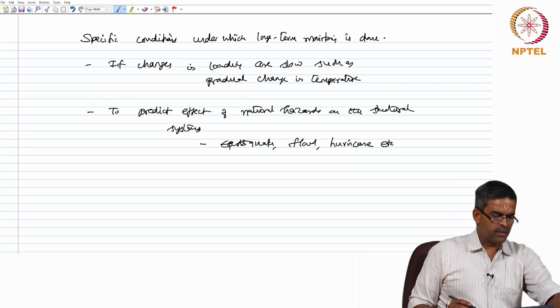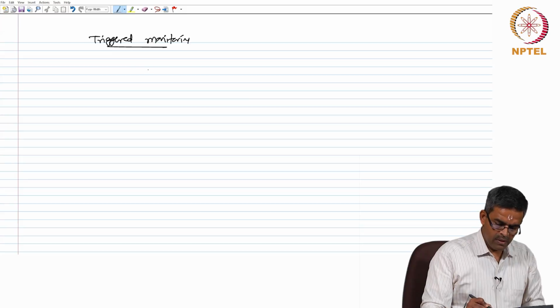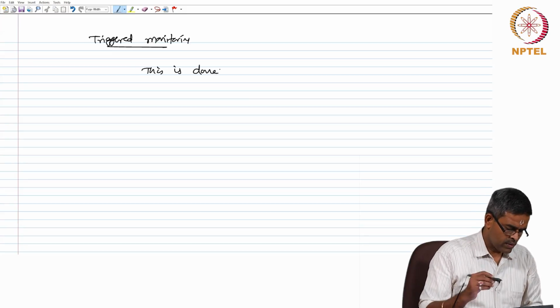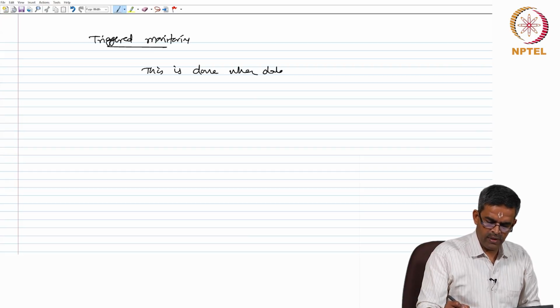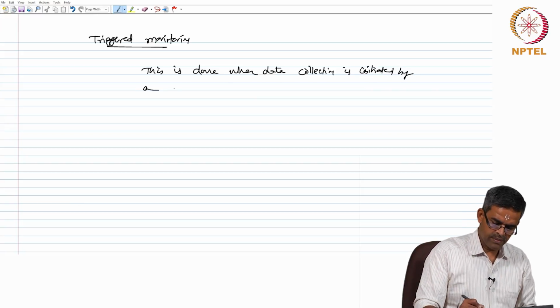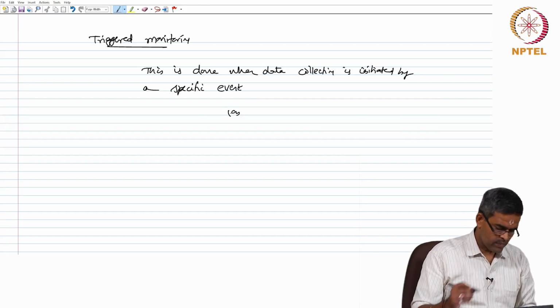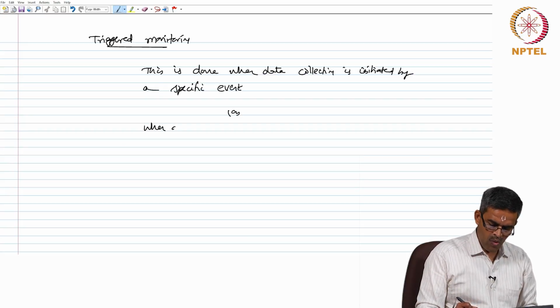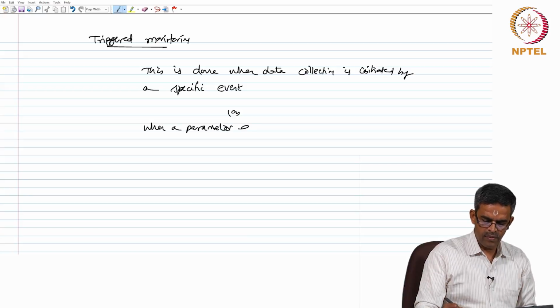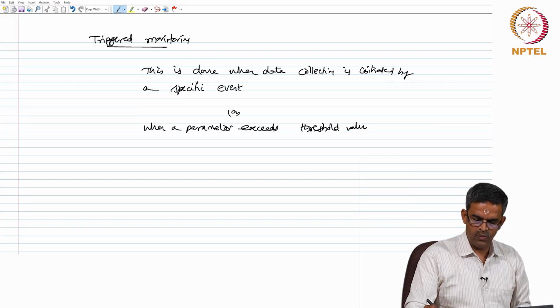The third could be a triggered monitoring. This is done when the data collecting is initiated by a specific event, or when a parameter exceeds a preset threshold value.